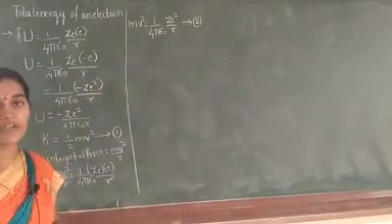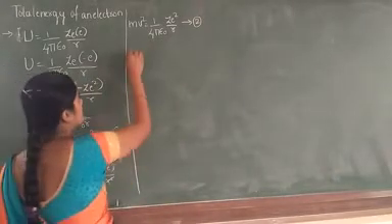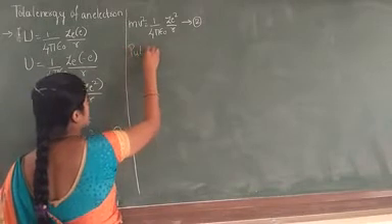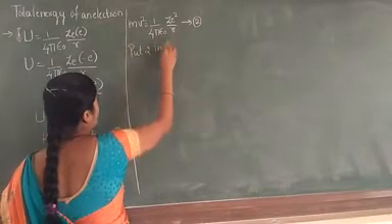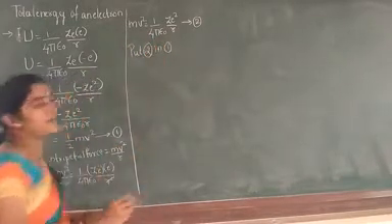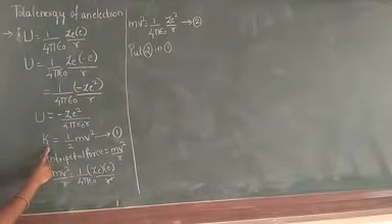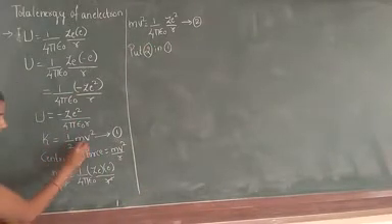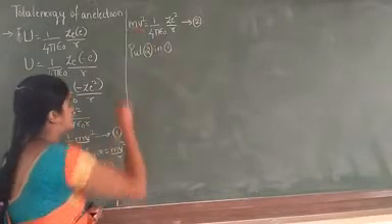Now, put equation 2 in equation 1. We know that kinetic energy is equal to 1 by 2 mv square, and here we have the value of mv square.